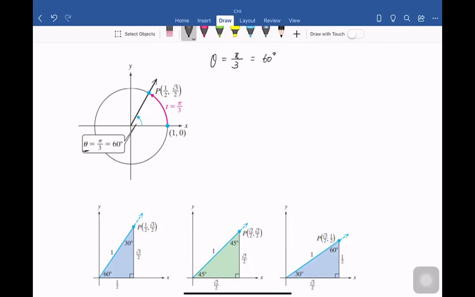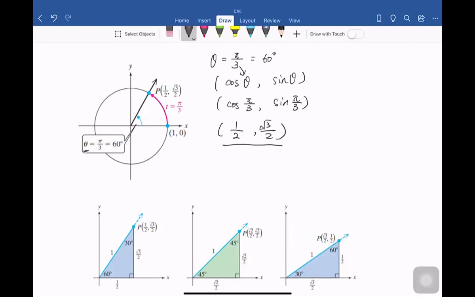For sure, because the point is cosine theta, sine theta, and plug in the theta, that's cosine pi over 3, sine pi over 3. And we know cosine pi over 3 is 1/2, and sine pi over 3 is square root of 3 over 2.